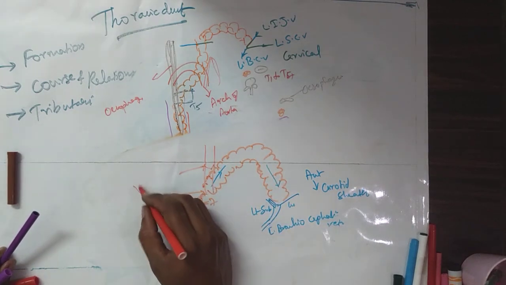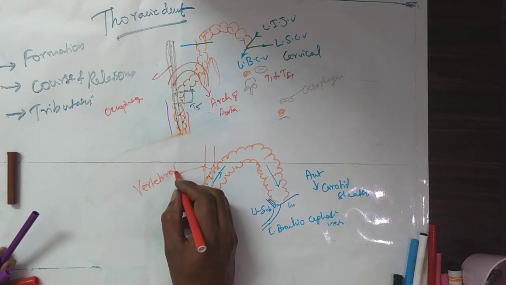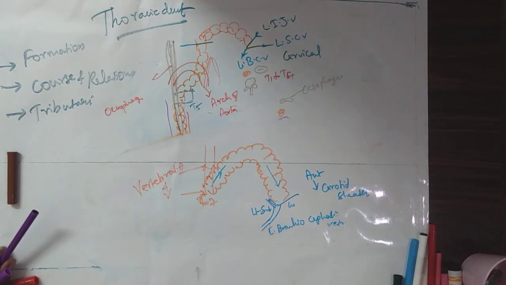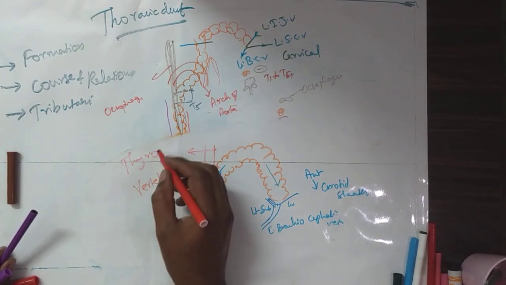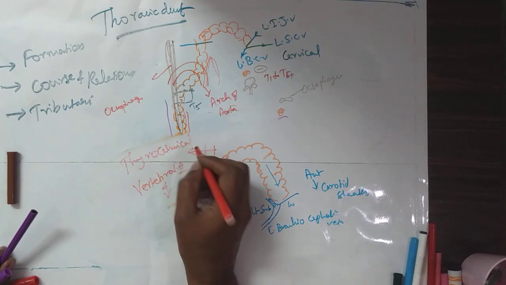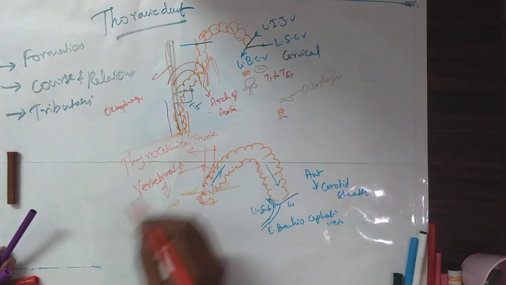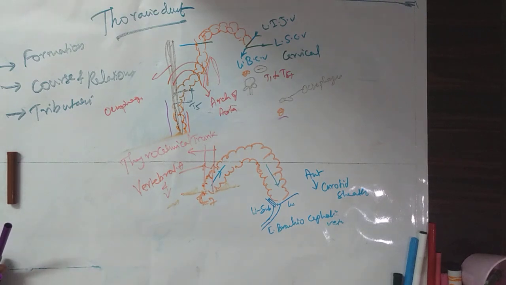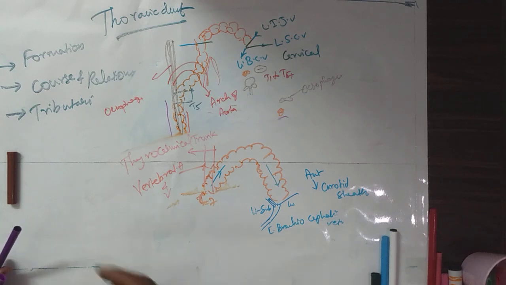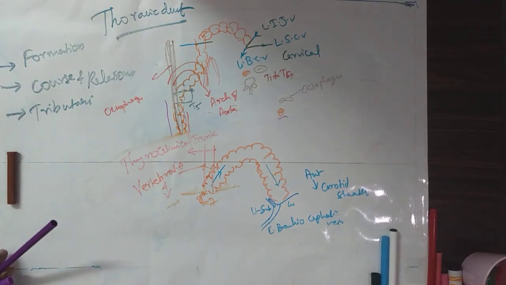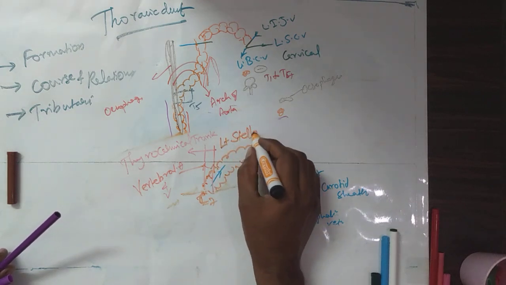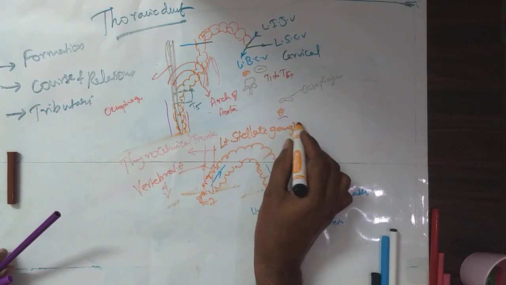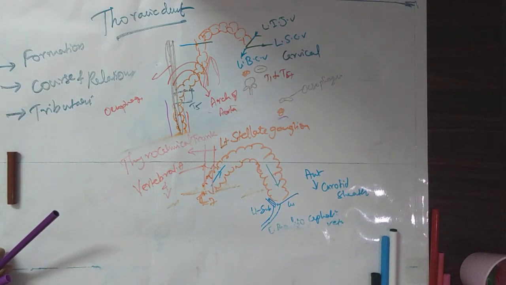One is the vertebral artery, and along with that the vertebral vein. Then one more artery, that is the thyrocervical trunk and its branches. So those are concerned with the arterial system, and one more is concerned with the nervous system, that is your left stellate ganglion. So these are on the ascending limb of the thoracic duct.